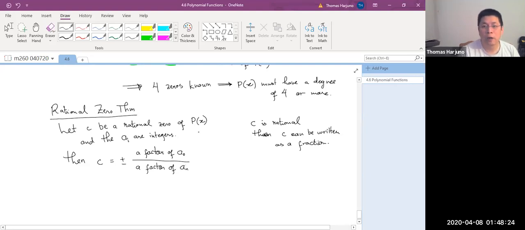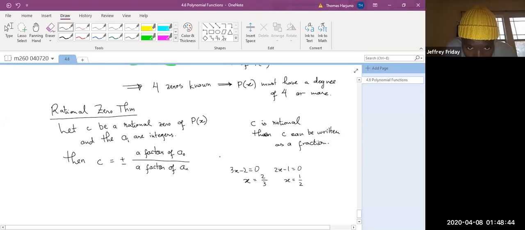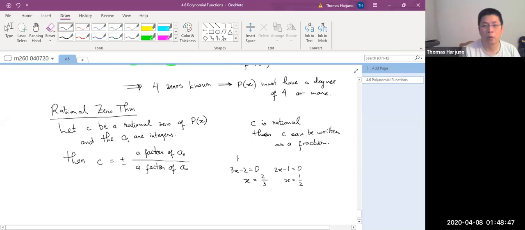Let's see. If we have this zero, x equals 2 over 3, and let's say the other zero is 1/2, then it must be 3x minus 2 equals 0, and 2x minus 1 equals 0. Which means the polynomial must be 3x minus 2 times 2x minus 1, which will give us 6x squared, blah, blah, blah, plus 2.